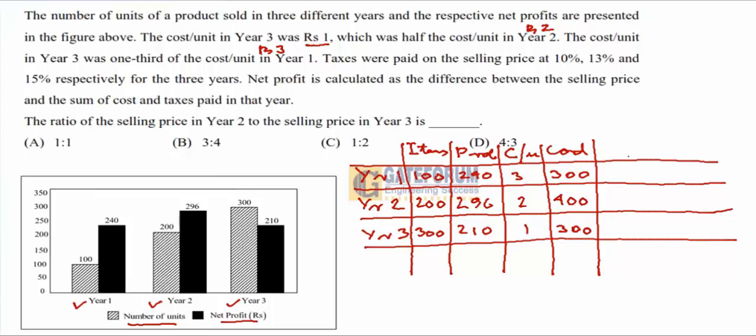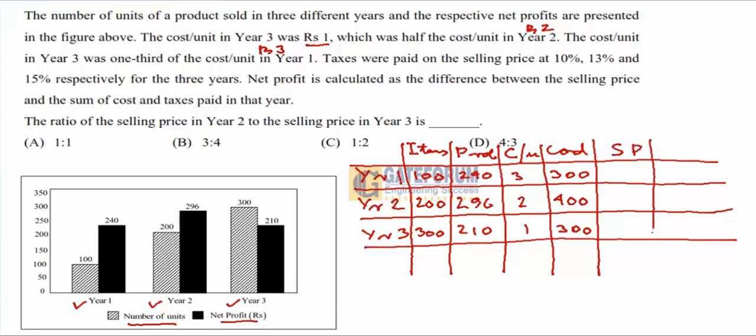We do not need to calculate all the taxes, because selling price doesn't depend on taxes, right? Taxes were paid on the selling price. So the selling price is independent of the taxes; taxes are dependent on the selling price. Since our question is on selling price, we don't even need to bother about this. So let us directly find the selling price.